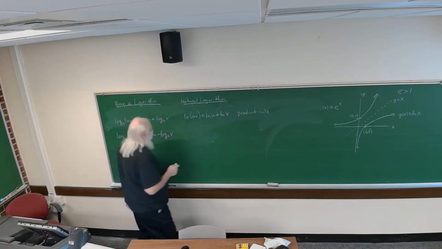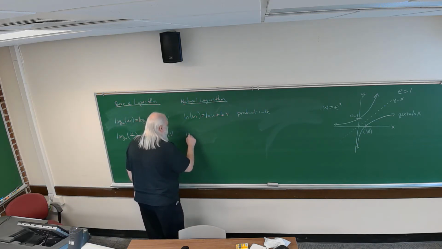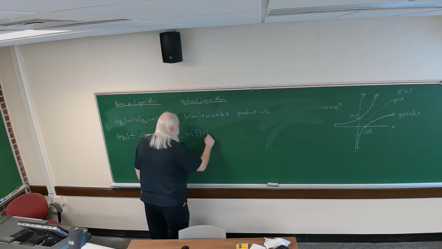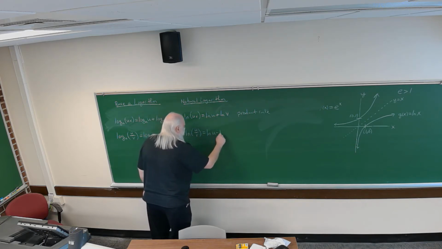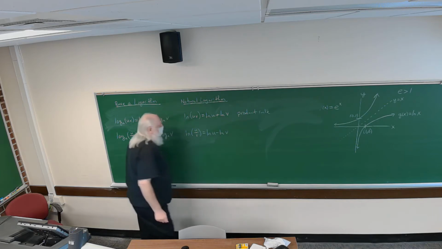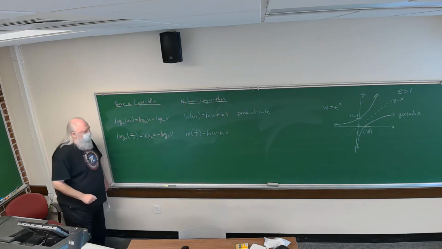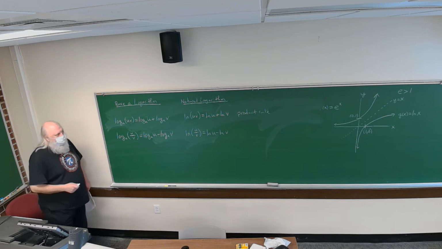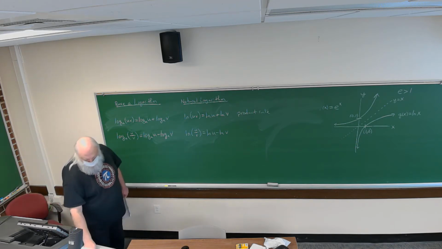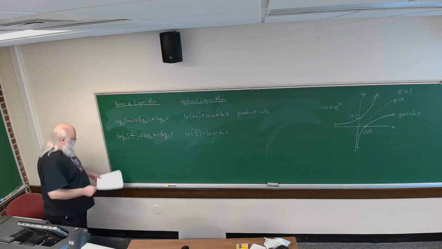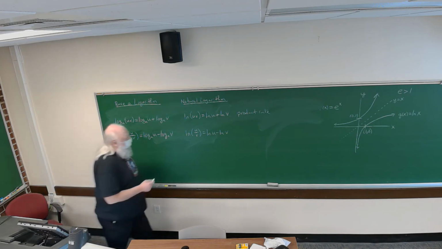And so we have something similar with the natural log. The natural log of u over v is equal to the natural log of u minus the natural log of v. And that is called the quotient rule.